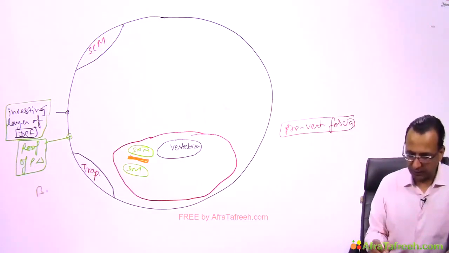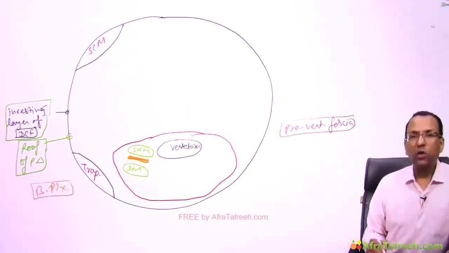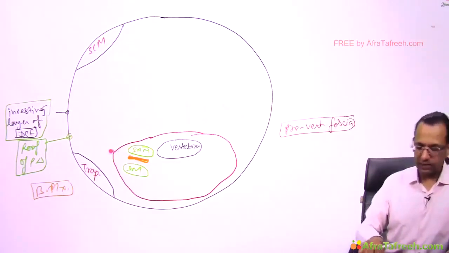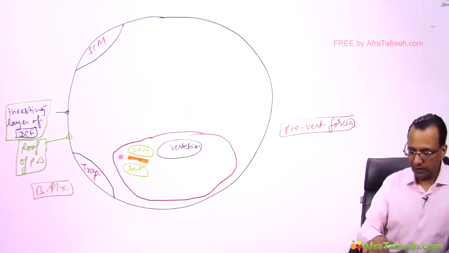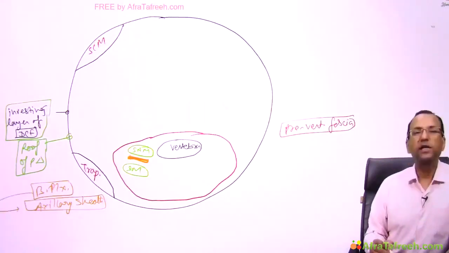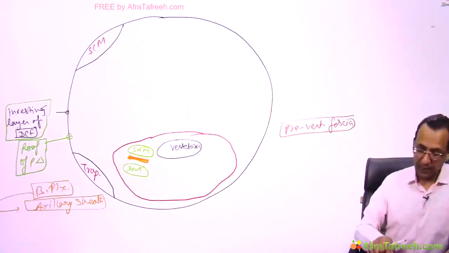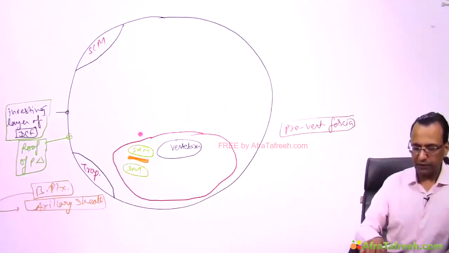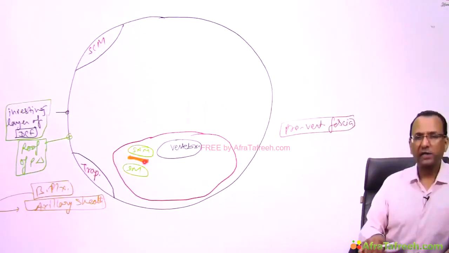Now this brachial plexus is going to pull the prevertebral fascia into the axilla, and it will become the axillary sheath. Now when you say that the prevertebral fascia is being pulled by the brachial plexus into axilla to become axillary sheath, it means axillary sheath is a continuation of the prevertebral fascia into the axilla to enclose not only the brachial plexus but also the axillary artery.